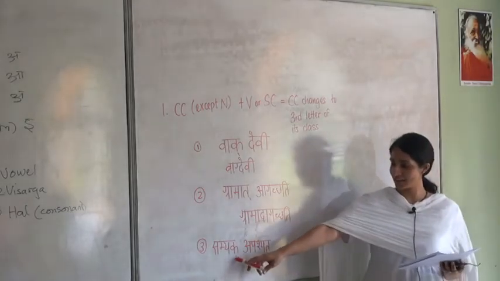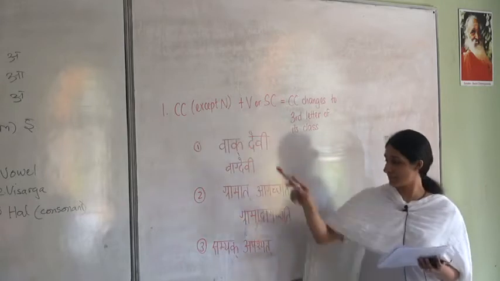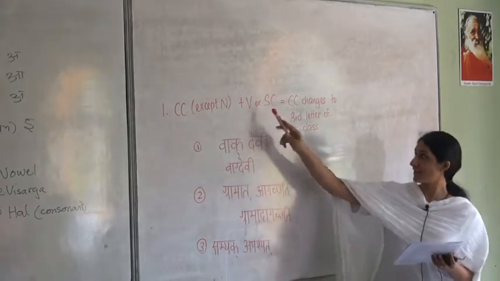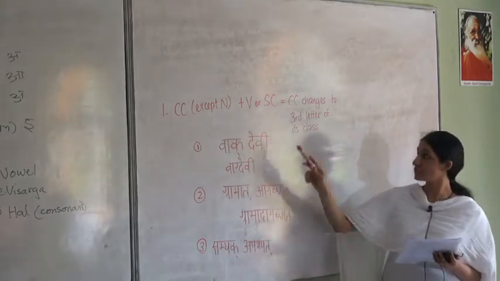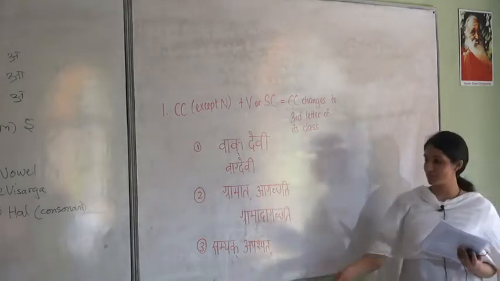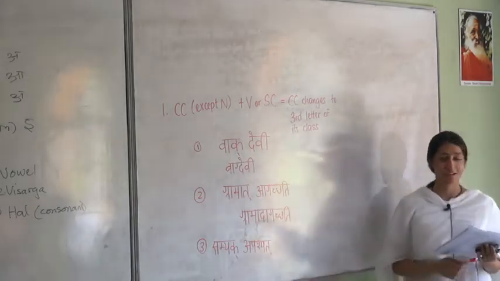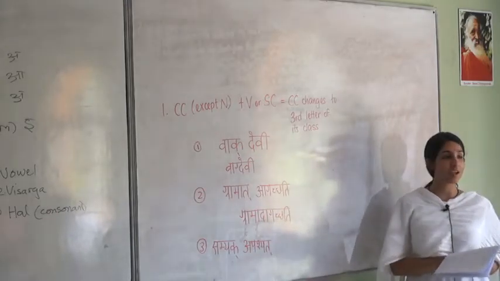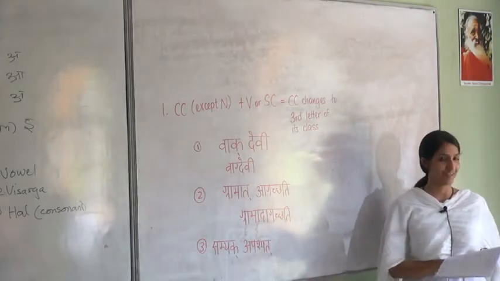It's a kahalant, a class consonant, meeting a vowel. And so this class consonant has to change to the third letter of its class, which is ga. So what would this become? Samyag apashya. Right?